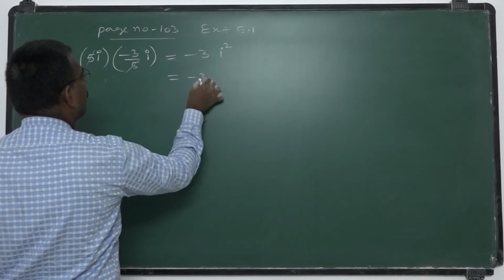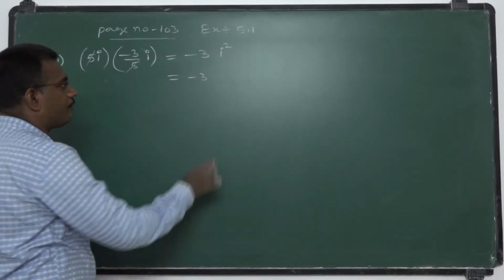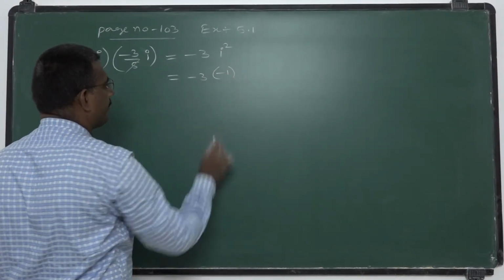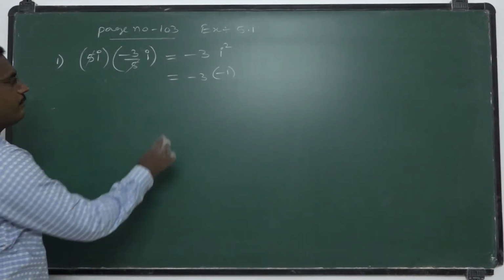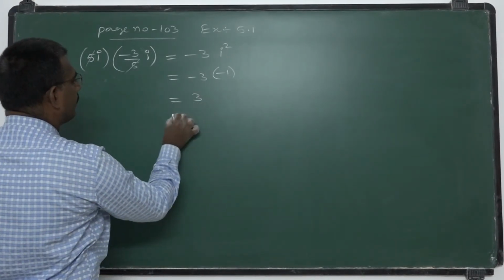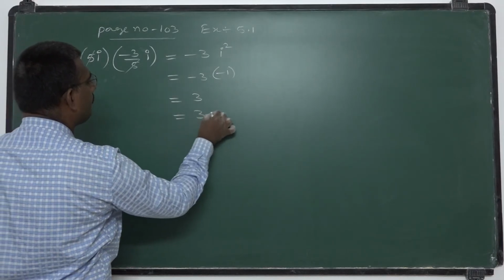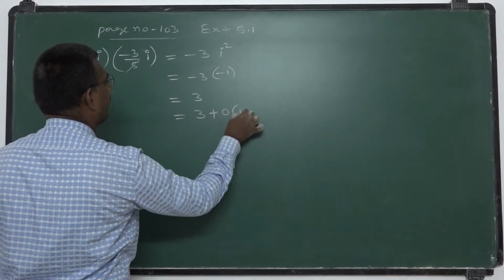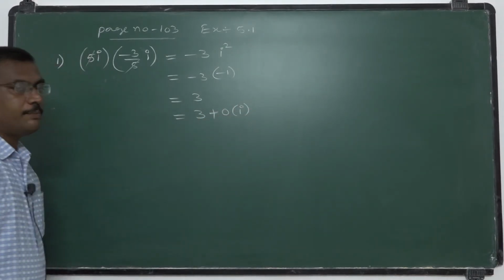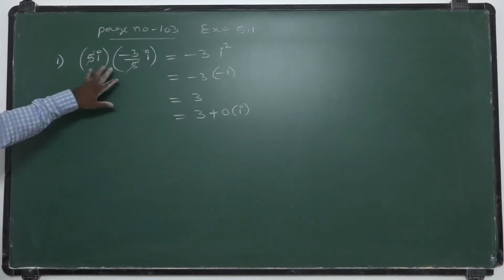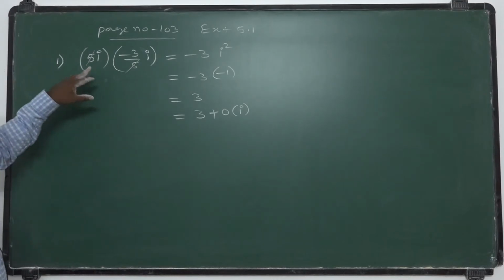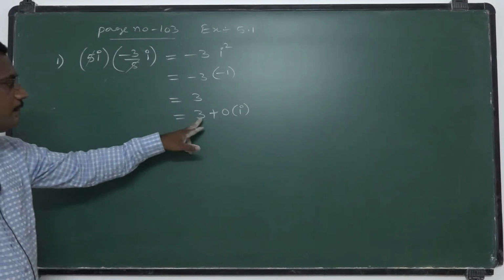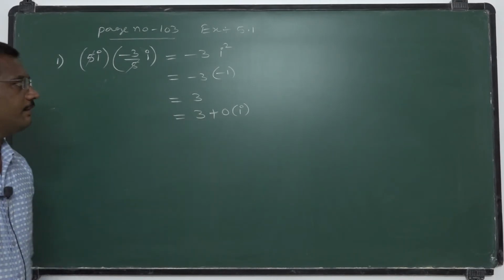Minus 3 into i square is nothing but minus 3 times minus 1, because i equals root of minus 1, so i square is minus 1, that is equal to 3. So this is equal to 3 plus 0 into i. So this is in the form a plus ib. Okay, so we expressed the given number in the form a plus ib.